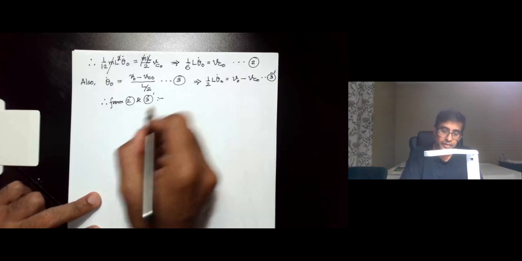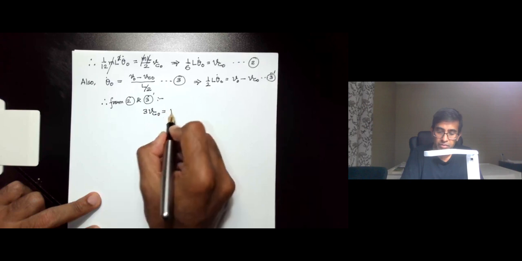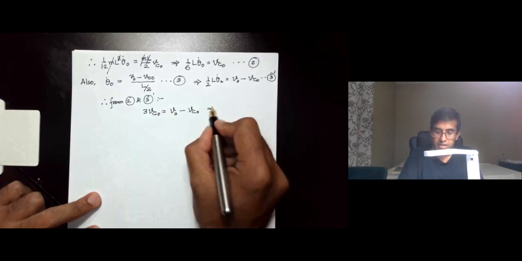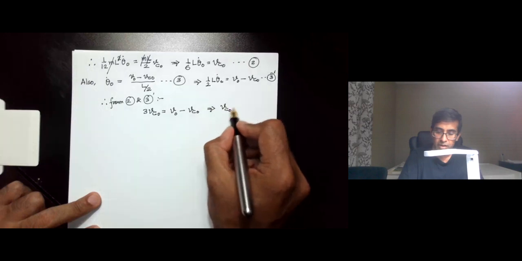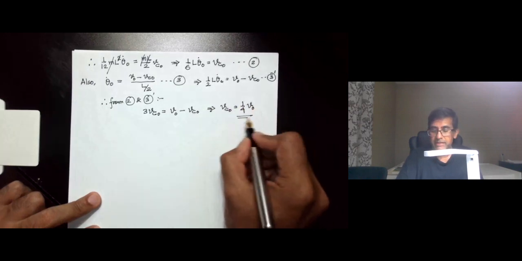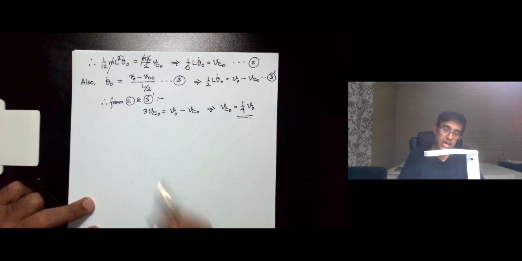So 3 times VCO is equal to VO minus VCO, right? Which gives us VCO is equal to 1/4 of VO, which is the same answer that we got using the first method, where our angular impulse momentum equation was about the center of mass.